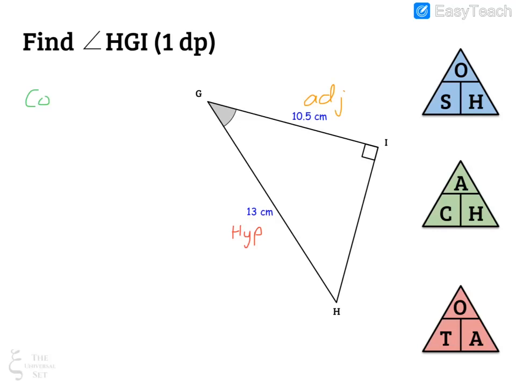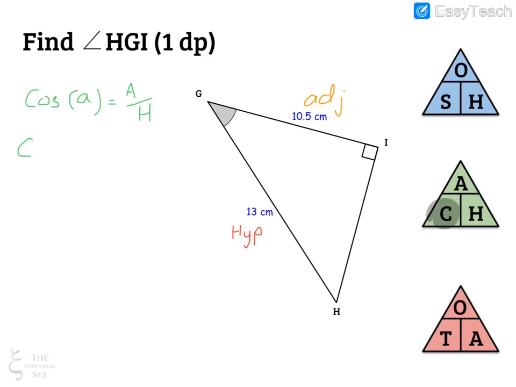Okay, so cosine of my angle is equal to, well, let's cover it up in the triangle and see. So cosine is equal to A over H, adjacent over hypotenuse. Let's try that again. A over H, the adjacent over the hypotenuse.